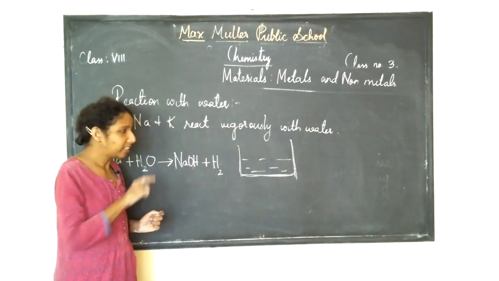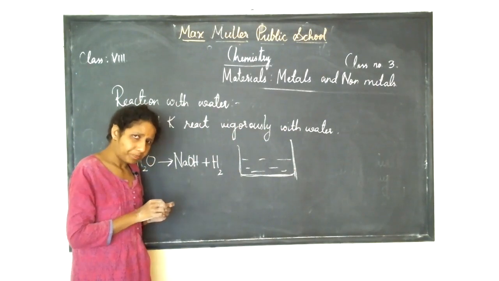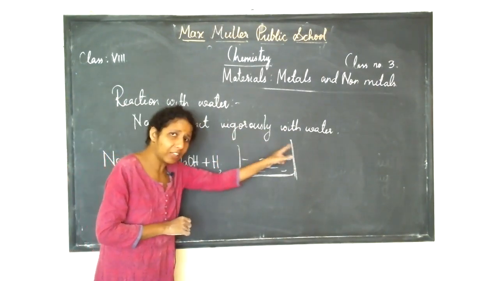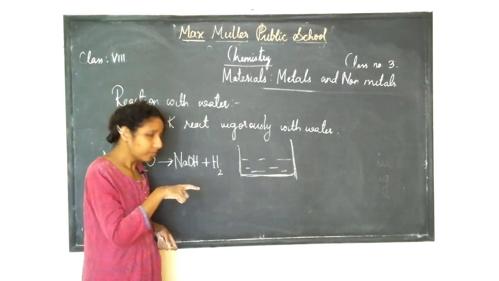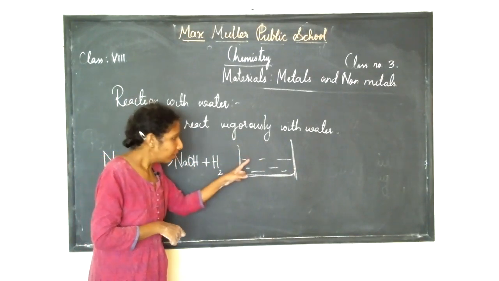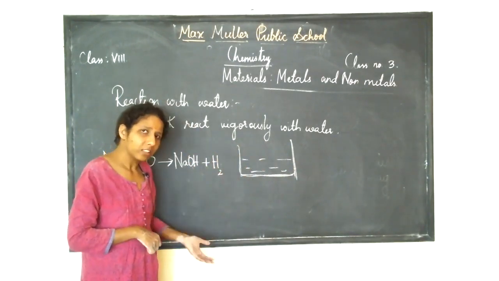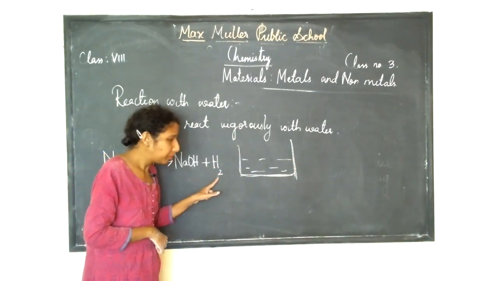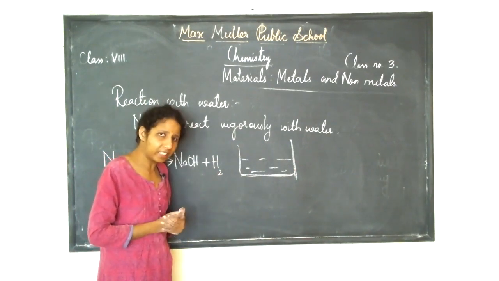When you add this sodium, it runs on water. That is, sodium reacts vigorously with water. Finally, it becomes smaller and smaller in size, forming sodium hydroxide, liberating hydrogen gas. Did you people understand this?